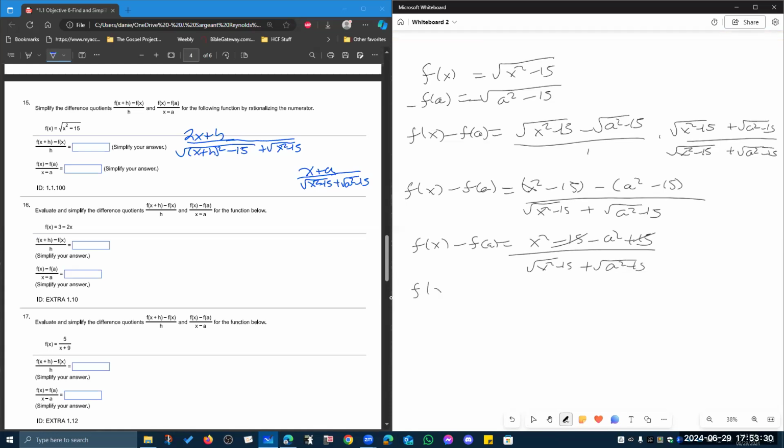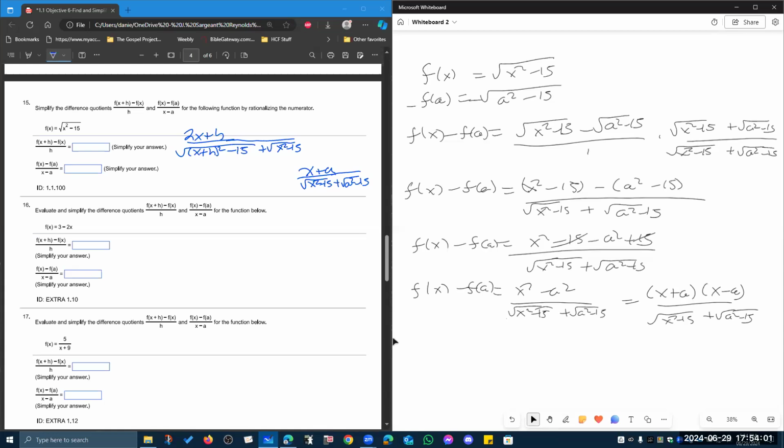F of x minus f of a is going to be x squared minus a squared over root x squared minus 15 plus root a squared minus 15. That'll be x plus a times x minus a over root x squared minus 15 plus root a squared minus 15.